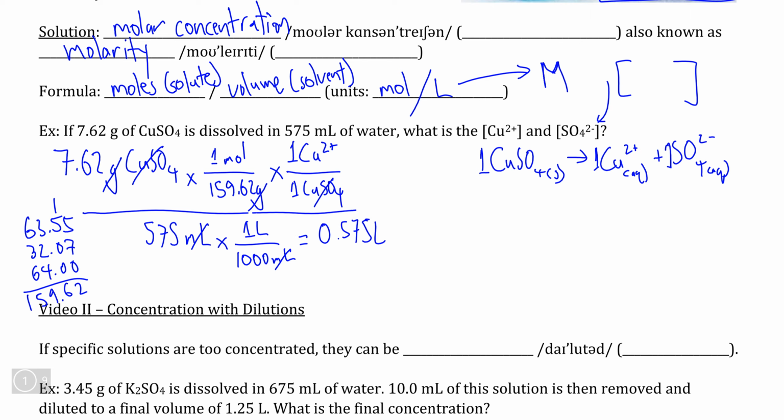This is the only time I'm going to show this. From this point on, I'm going to assume that you can calculate milliliters to liters conversions in your head, and I will henceforth be just writing the volume out in liters, assuming that everybody knows how to do that.